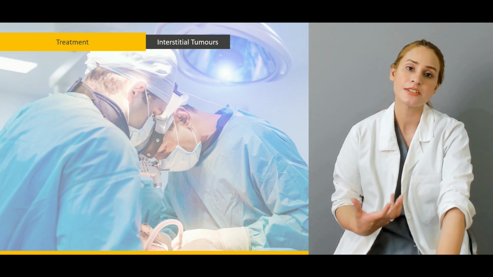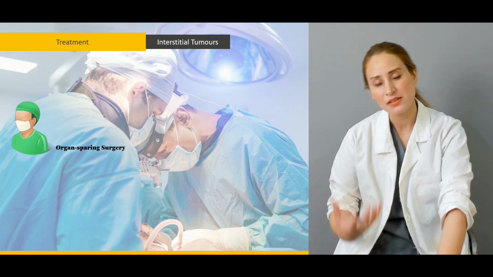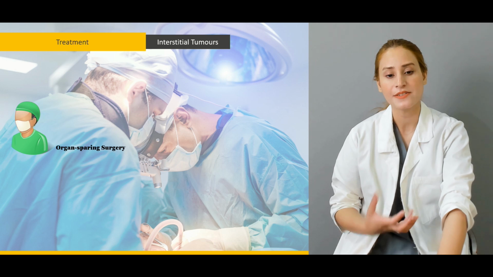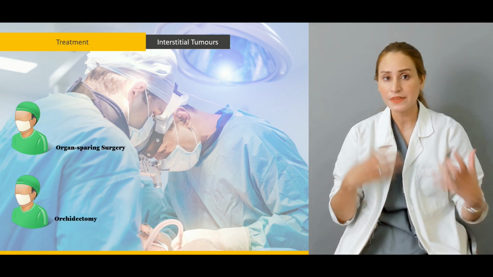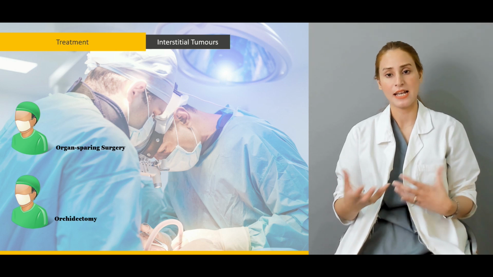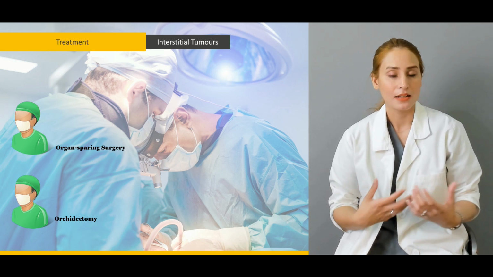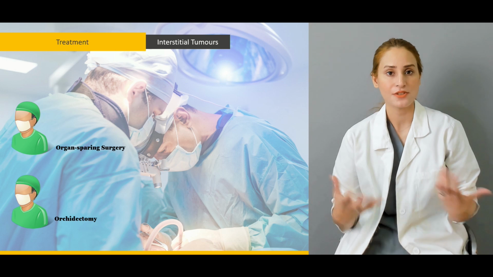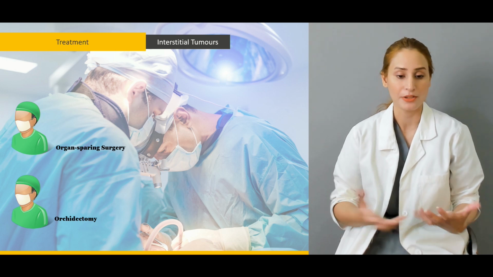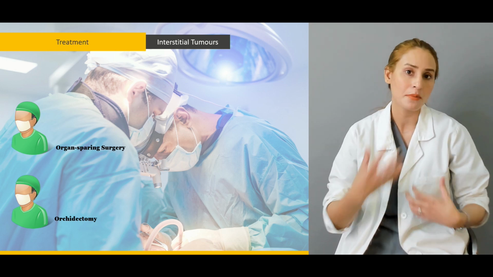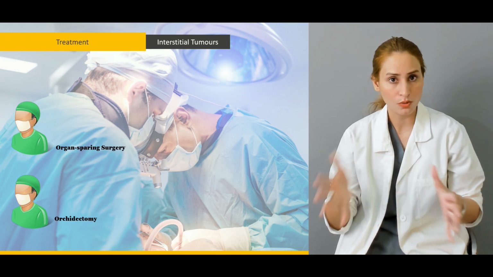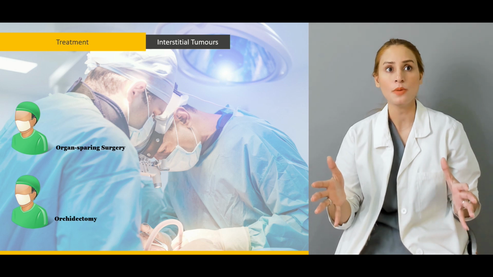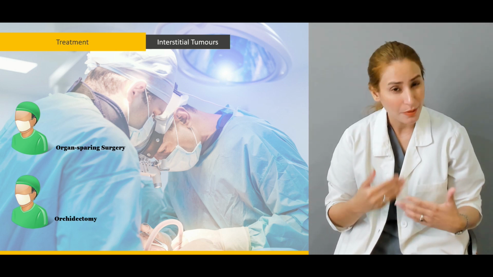And in case of the interstitial tumors, the prognosis is not very nice. So you can go for the organ sparing surgery, we have the options for the interstitial tumors, right? Obviously you're not performing the orchiectomy, and you're just minimizing, because these interstitial tumors are kind of local and their spread is limited.